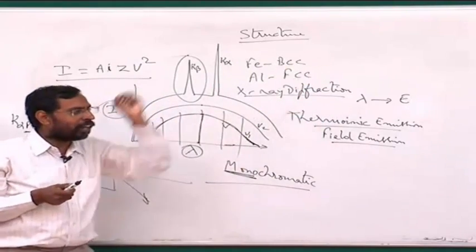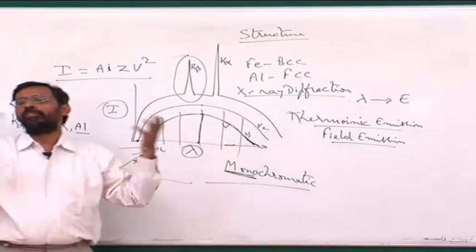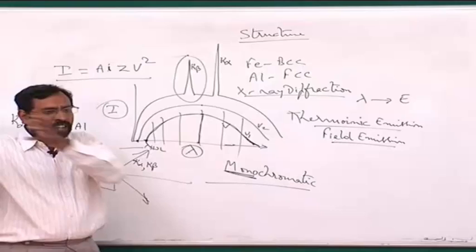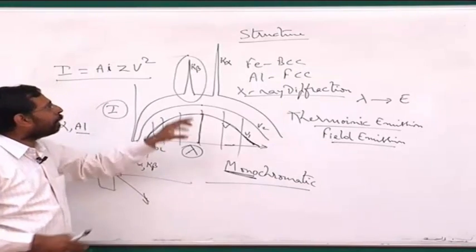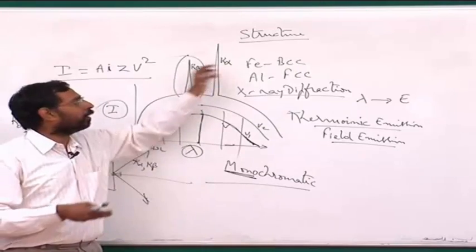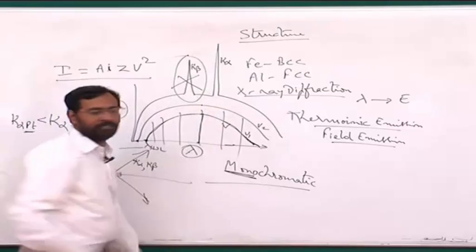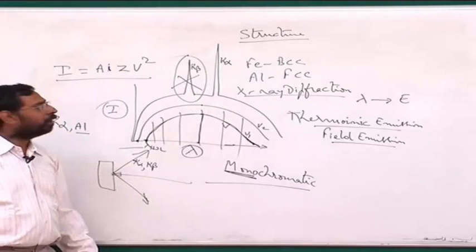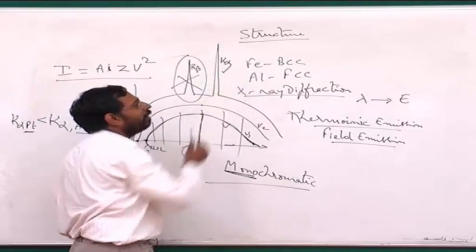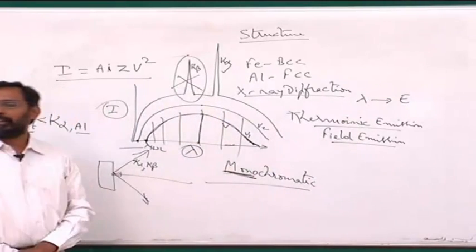If the X-rays are falling onto my sample with a higher energy, the diffracted beam that is coming out will also have higher energy. So the energy of the diffracted beam is always dependent on how intense the incident X-ray is. So I would like this to be cut off, if possible, so that I have only K alpha falling on my sample, one single radiation of single wavelength.